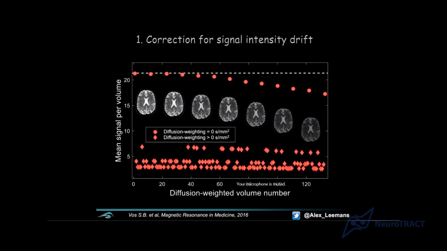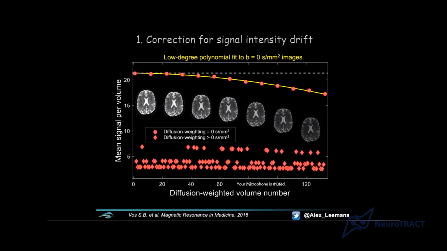So, again, how do we correct for it? In the non-diffusion weighted images, in this case, we can model with a simple low degree polynomial, maybe up to order 3. We can smoothly fit through these points the tendency of the drift. If we fit this polynomial, we now know what the drift looks like.